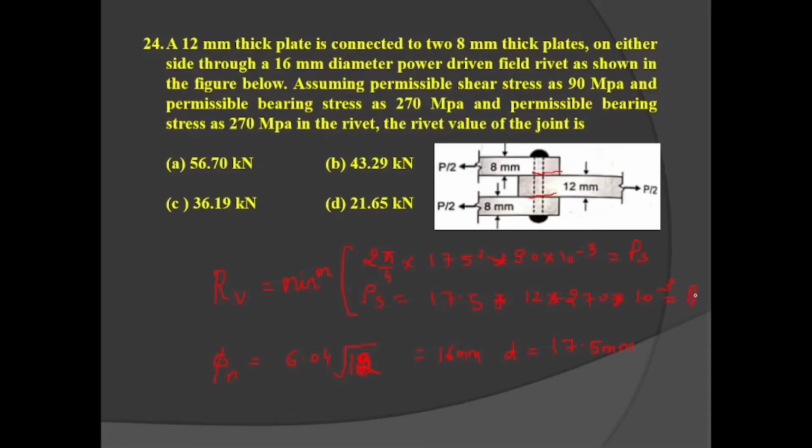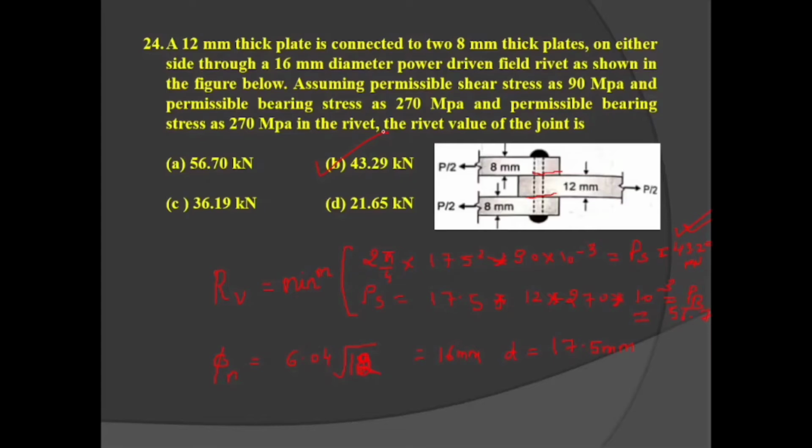After calculation, PS is 43.29 kilonewton and PB is 56.7 kilonewton. So our minimum value is 43.29 kilonewton, which is our answer.